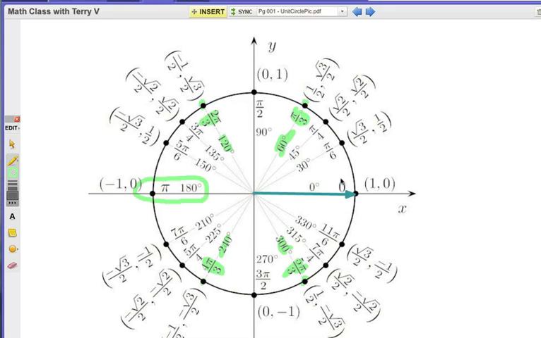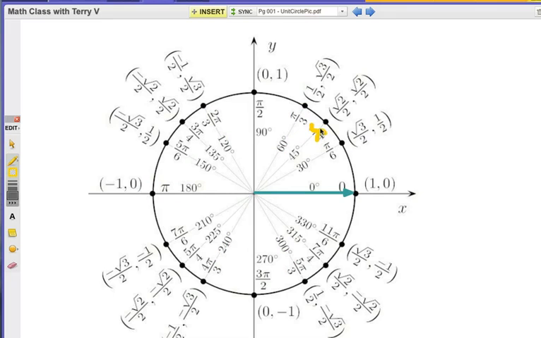So once again, for the thirds of radians, we have 1/3 pi, 2/3 pi, and 1 whole pi, which is always 180 degrees. And then we have another 1/3 of a pi, another 1/3 of a pi, and then a complete spin there. Those are the thirds. Now look at the fourths.